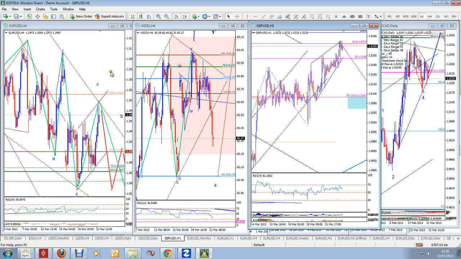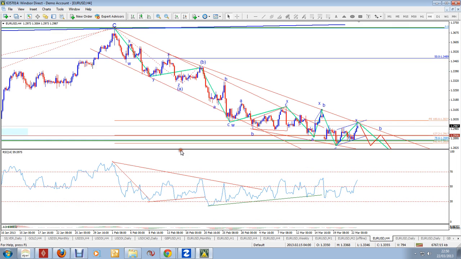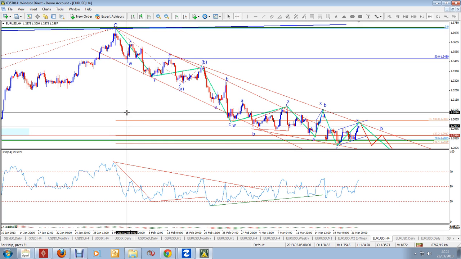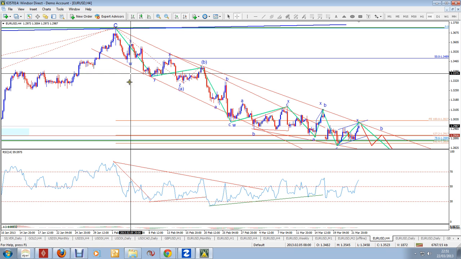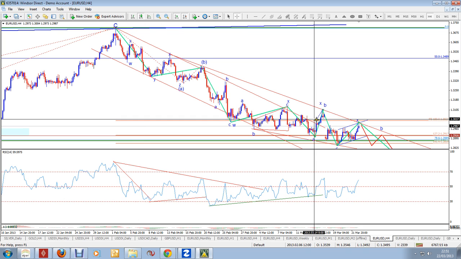And then we look at the euro. Now the euro also has been very difficult, but let me just try and explain, and then maybe I will have to cover this again in a separate video. But here, the first drop, I'm going to use the trend channel along with RSI.